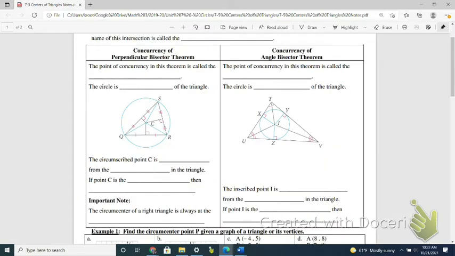So the first one we are going to look at is the point where the perpendicular bisectors meet. The point of concurrency in this theorem is called the circumcenter.